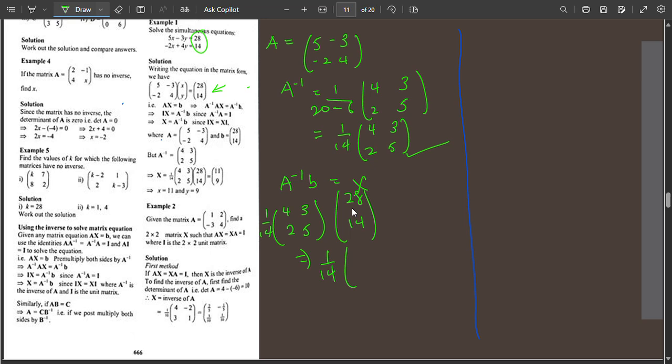Because if we multiply, we have 4 times 28 plus 3 times 14. We have 154. Then 2 times 28 plus 5 times 14.